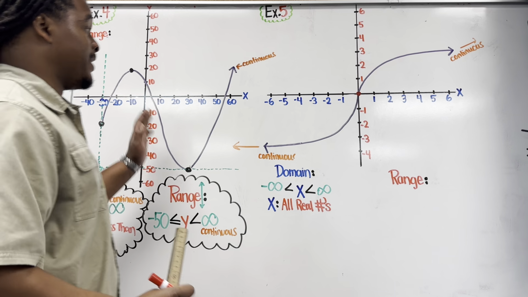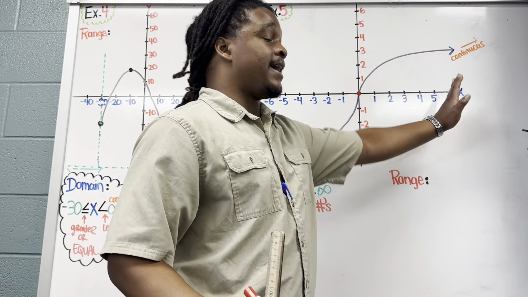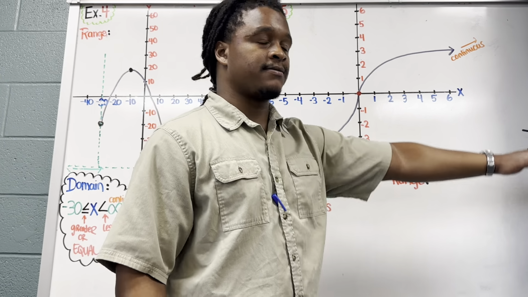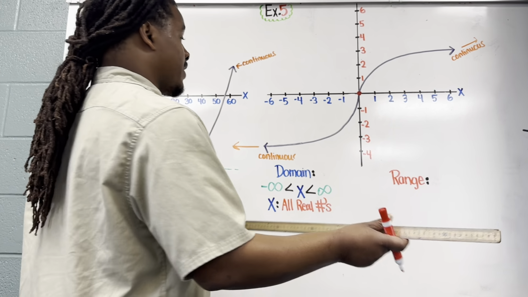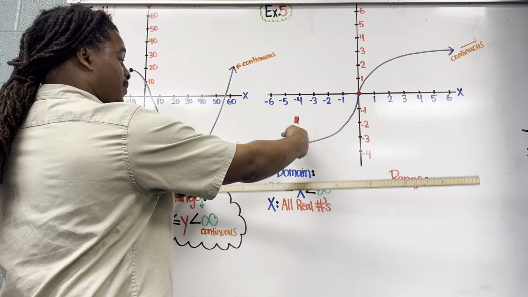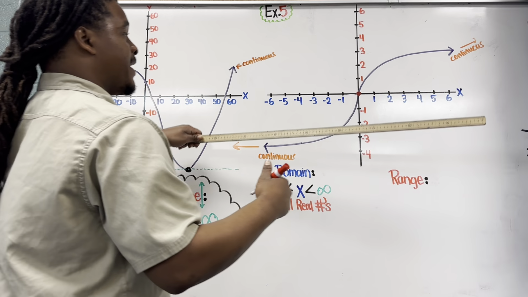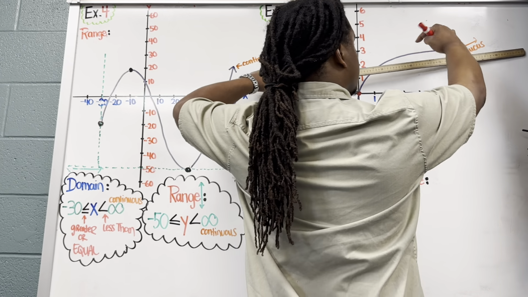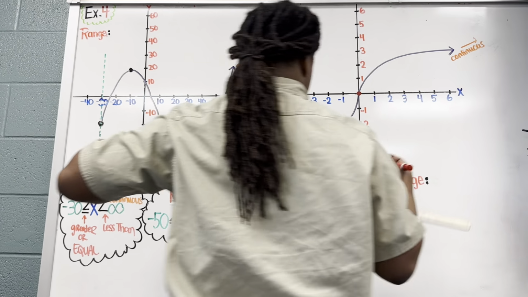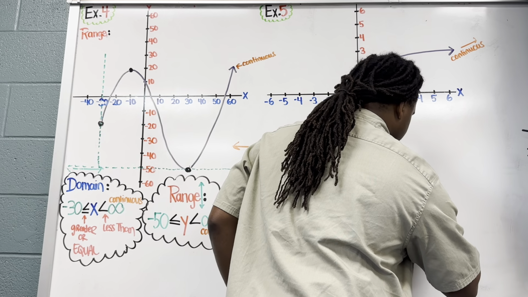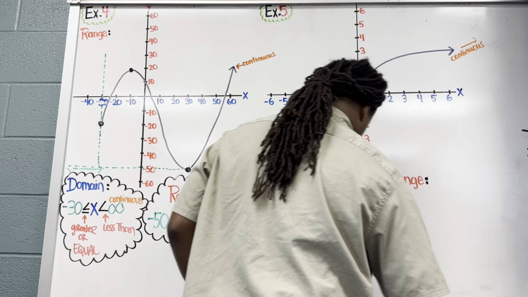So x can be any of these numbers that are along the x-axis, going way to the negative side and going way to the positive side, okay? Same thing for the range. As we continue on this way, guys, the function is going to continue to drop, right? And as we continue this way, the function is going to continue to rise. So same thing as the domain, the y is all real numbers, okay?